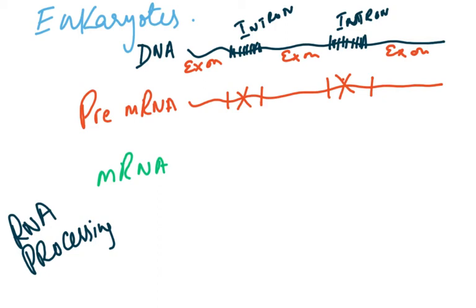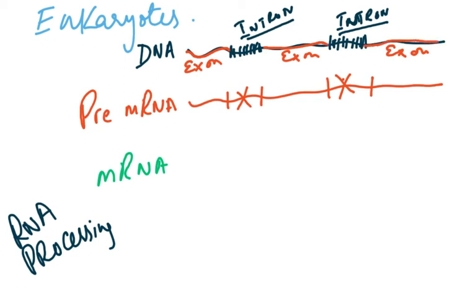Now these non-coding regions are called introns. They don't code for anything. We don't know why they're present. And the other areas are called exons. So we've got these introns and then we've got the exons.